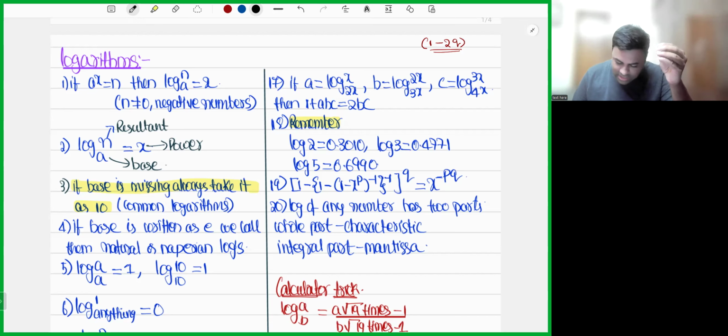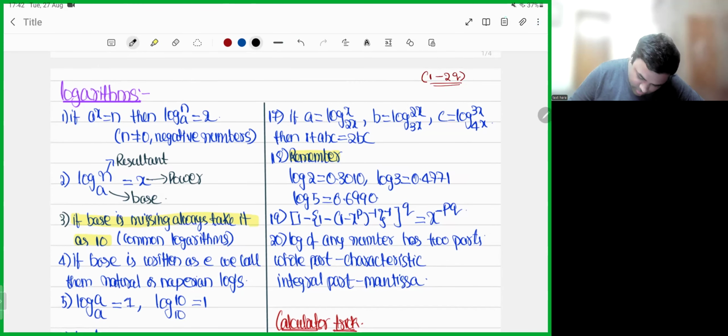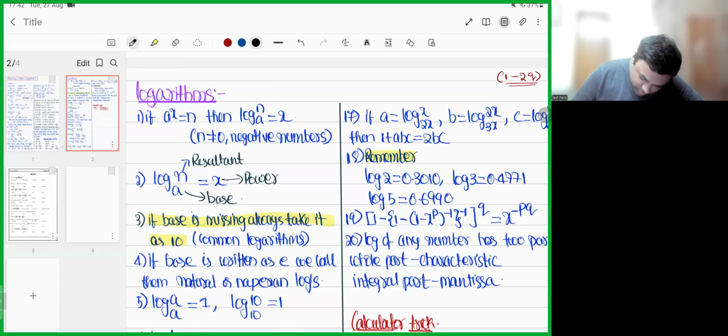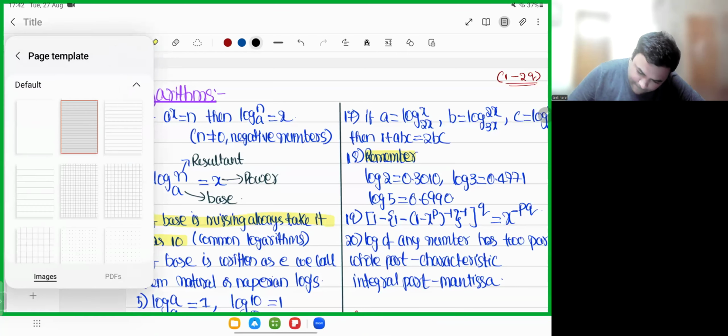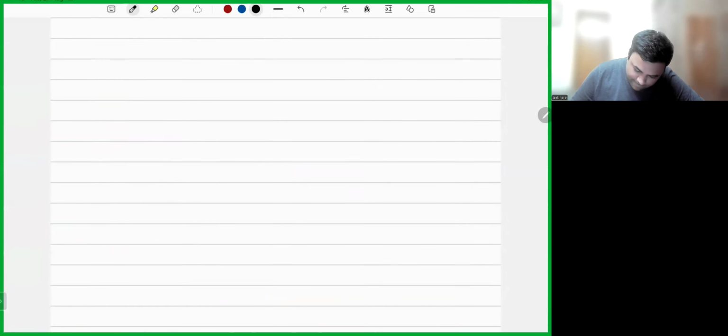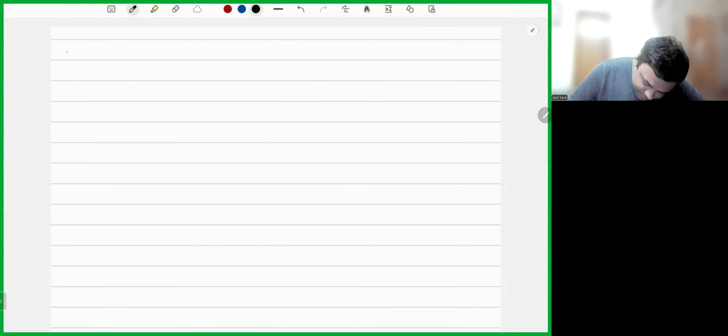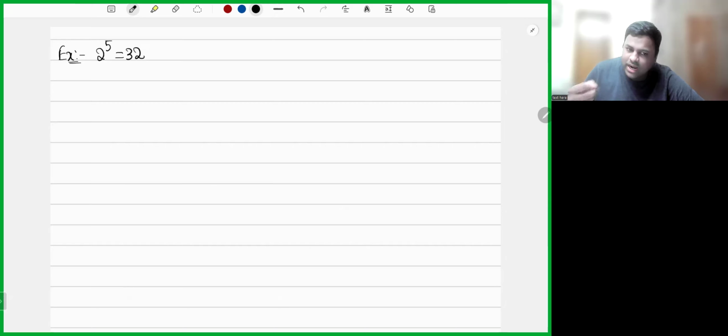First, let us understand how to develop a logarithm. Say, for example, I have 2 power 5 is equal to 32, and I want to write it in terms of logarithms. How can you write it?